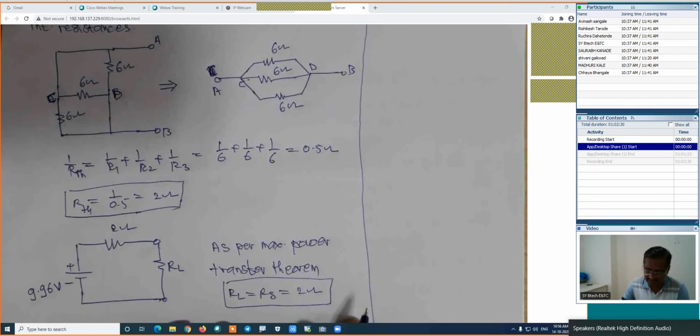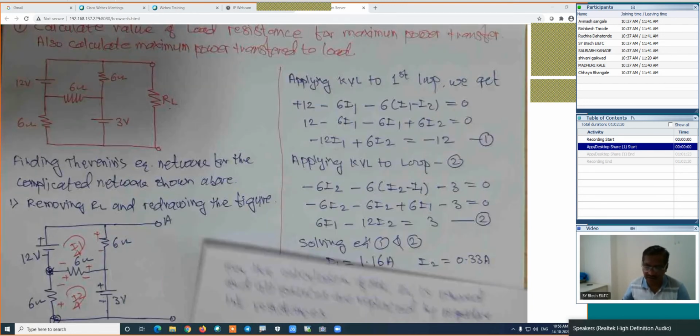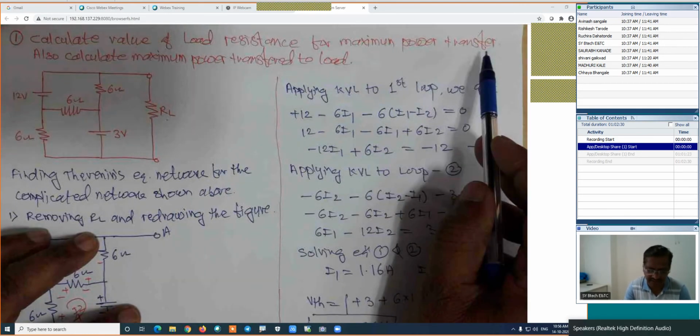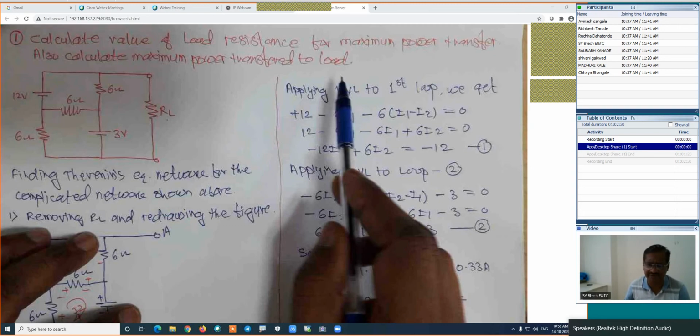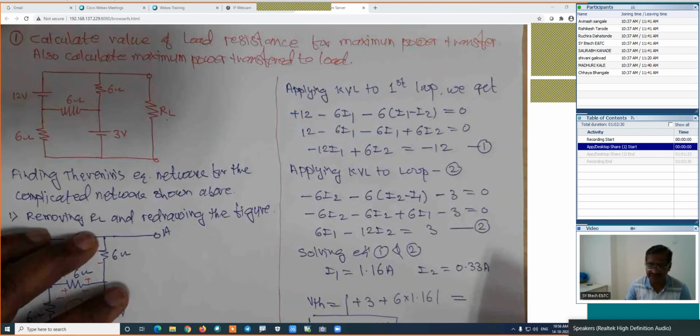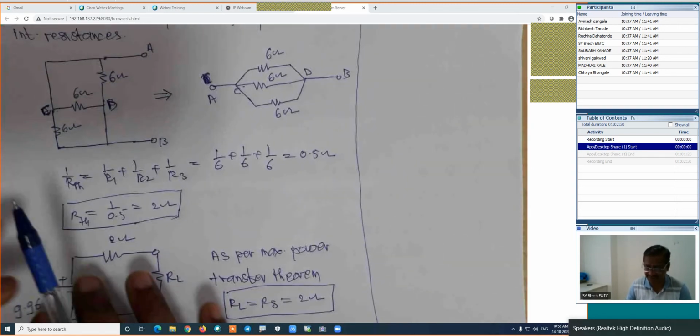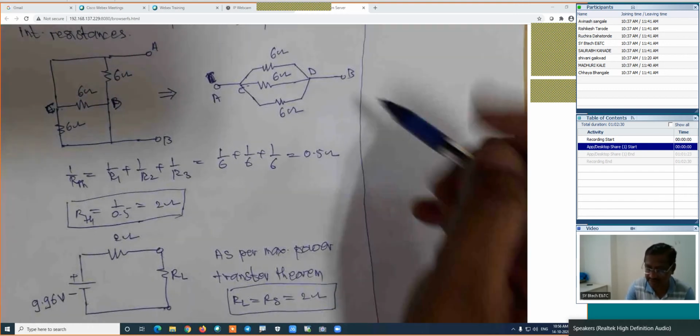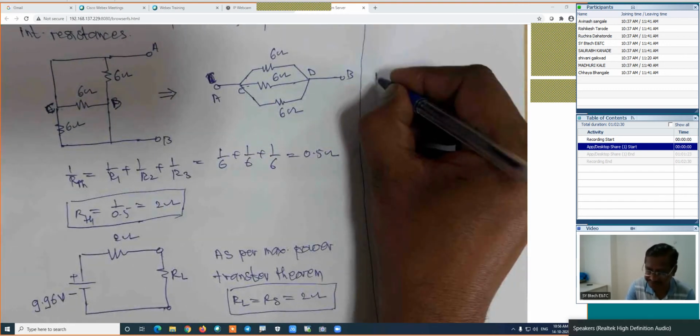Now we have calculated the RL, but what is the problem? The original problem was to find out the load resistance for maximum power transfer, and also calculate the maximum power transferred to the load. First we have to find out its current. With this value of RL, now I will find out the load current, that is IL.